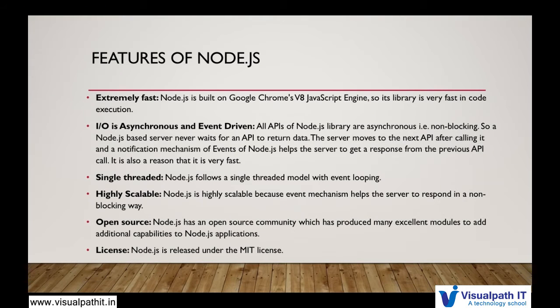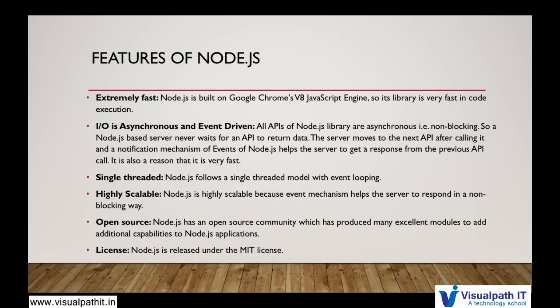Feature-wise, it's extremely fast. Why is it fast? It is built on the Google Chrome V8 JavaScript engine, and it's fast because it takes asynchronous calls also, and it is single threaded. With technologies like Java, PHP and C Sharp, whenever you develop a web application, it takes multi-threaded requests.